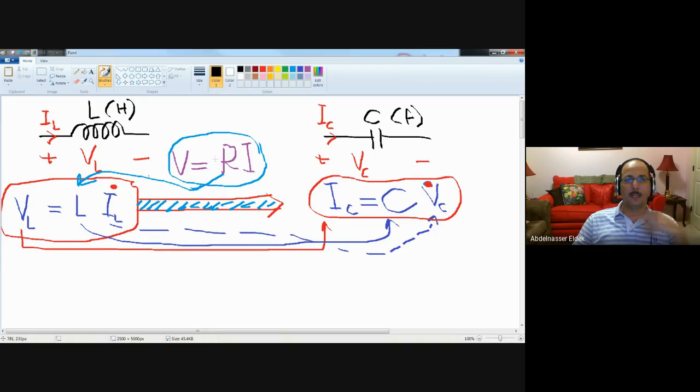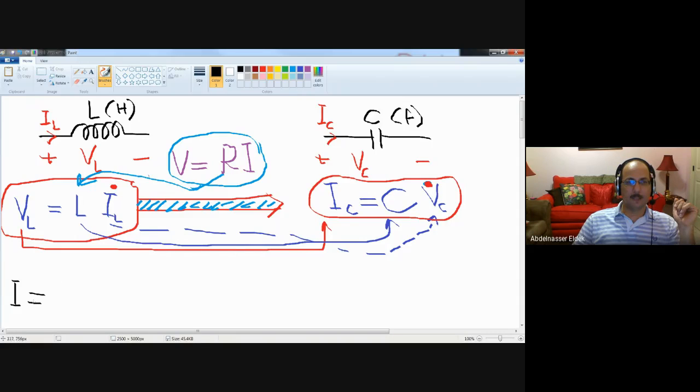And you can rewrite this in integral way. How? Here you have a voltage in terms of current. Okay, you can find the current in terms of the voltage. And this can be done by moving L to the other side and then integrating both sides. Again, you move L to the left-hand side, and then integrate both sides.